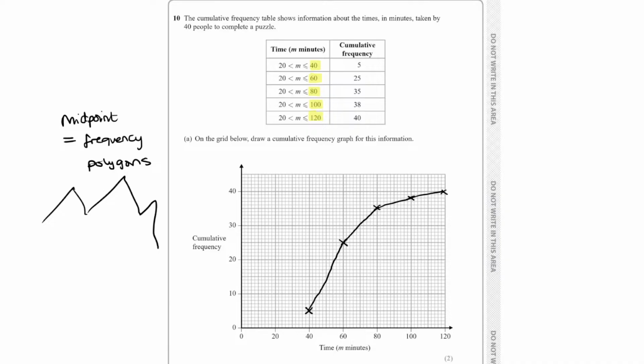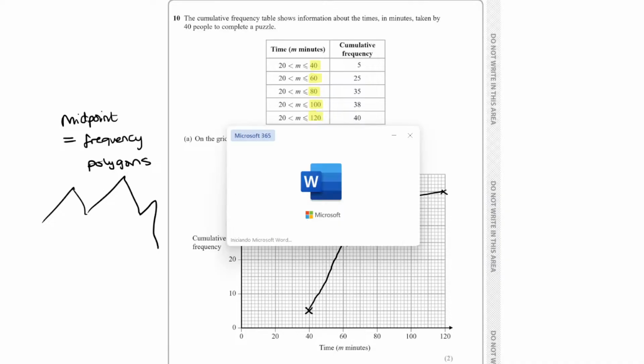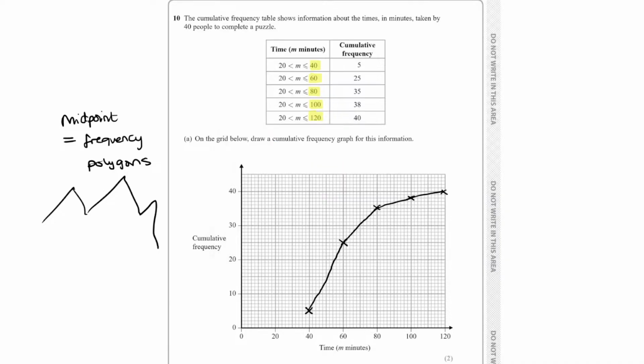Hang on, I don't know which. Just check which topic it's under. Frequency polygons, there we go. I'll try and find a mark scheme. Oh yes, you get given a frequency table. Okay.